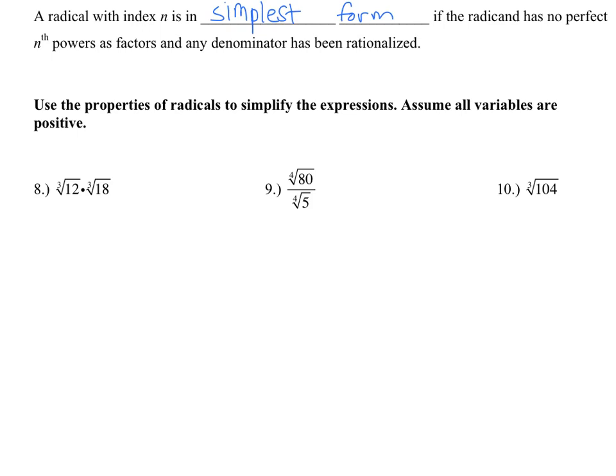So number 8 says the cube root of 12 times the cube root of 18. So we'll do the cube root of 12 times 18. And I could multiply those, but I'll get a large number, and I may not recognize the perfect cubes in that large number. So instead I'm going to break it down into factors. I know that 12 is 4 times 3, and 18 is 9 times 2.